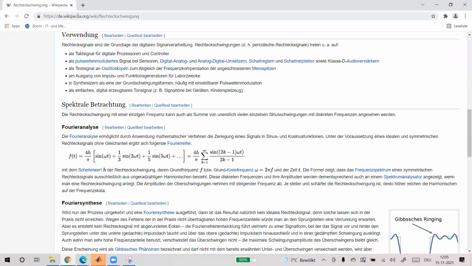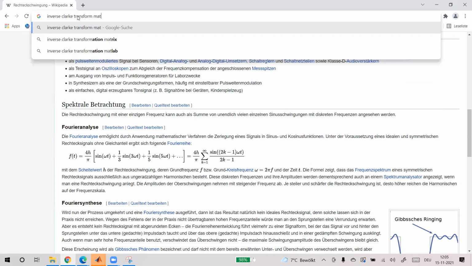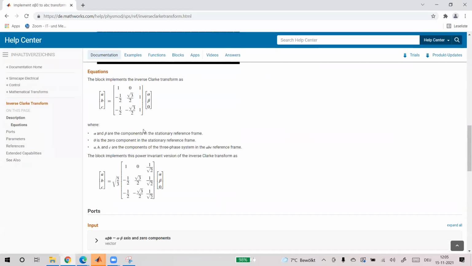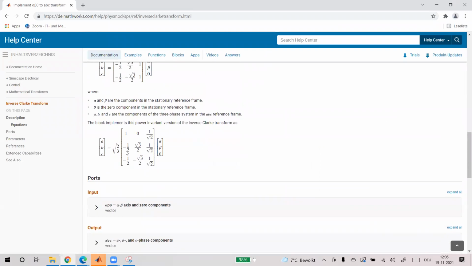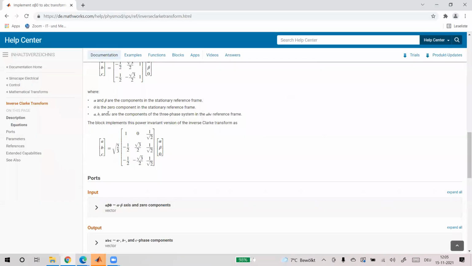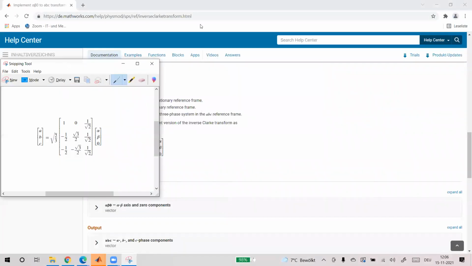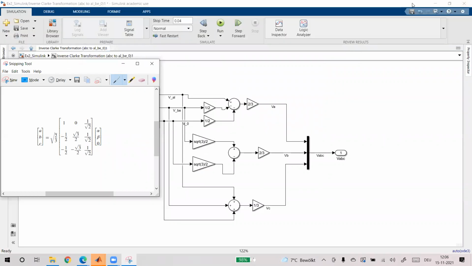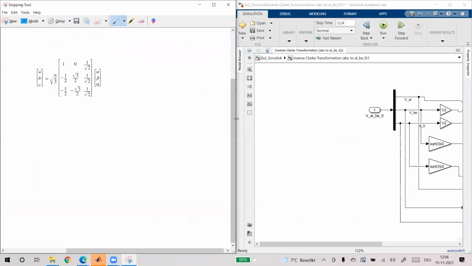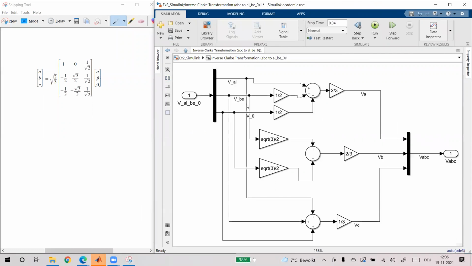I think I didn't give you, but you can check. So this is the matrix which you can use. So we have 1 minus.